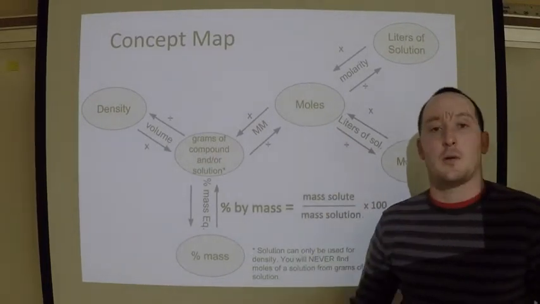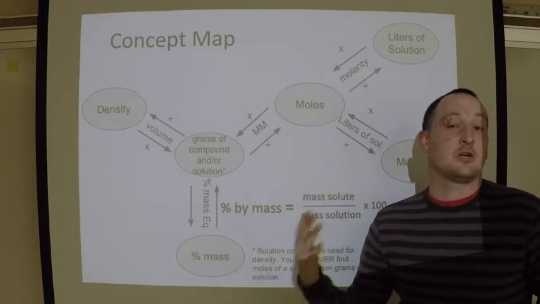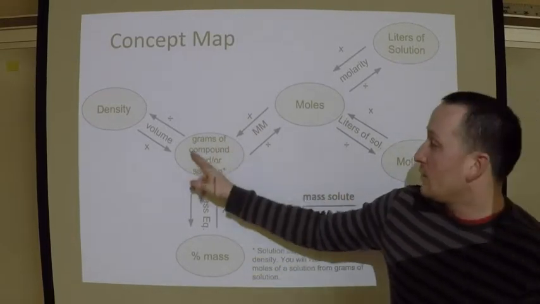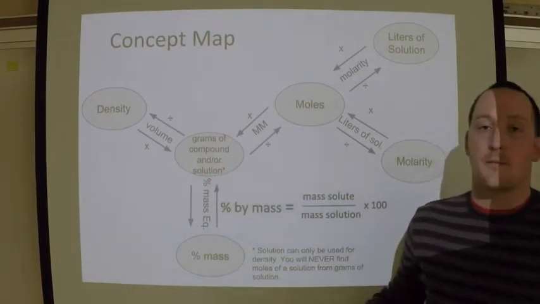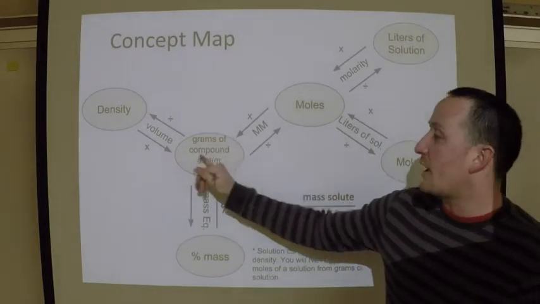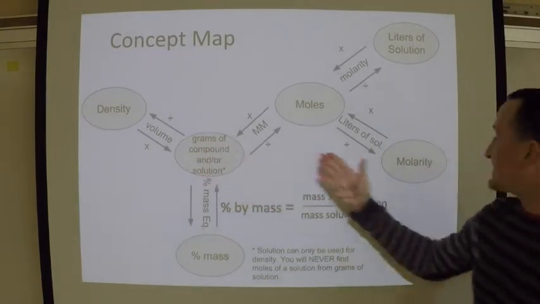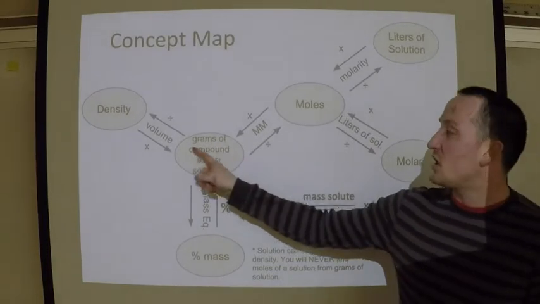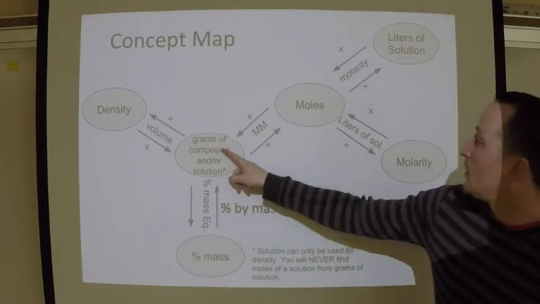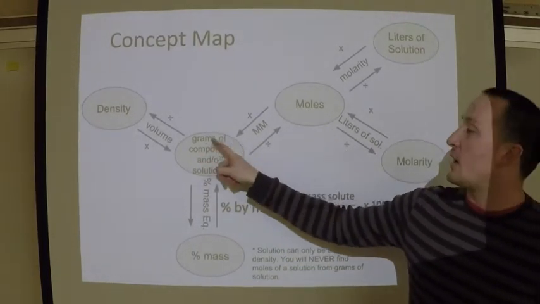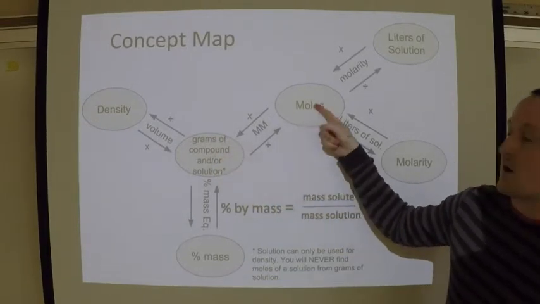Remember in our practice problem over molarity, I was given grams of something. Notice how this circle here says grams of my compound. If I have grams of a compound and it's asking me to find molarity, I need to change the grams of my compound to moles. And how I change grams to moles is by dividing by the molar mass.